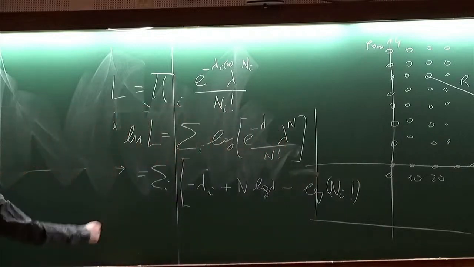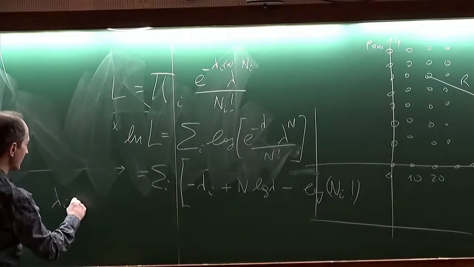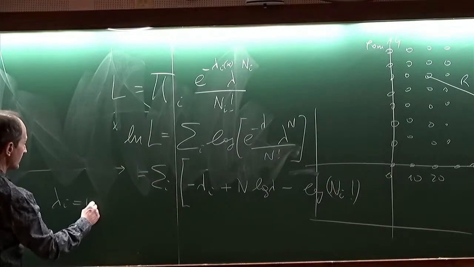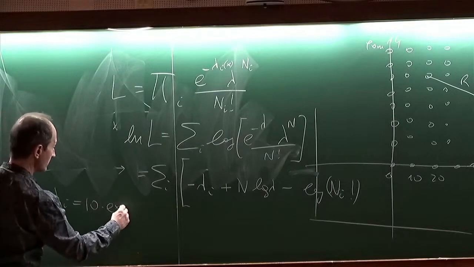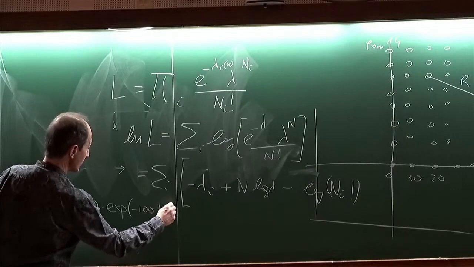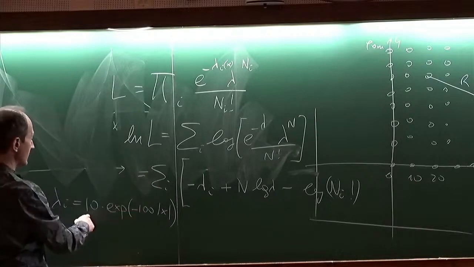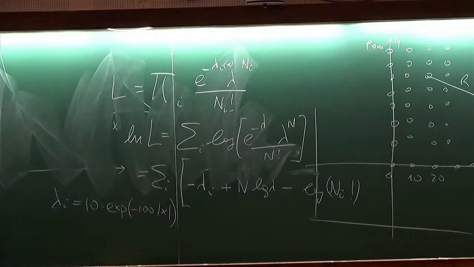Since this is a sum of terms, and we have defined lambda_i equals 10 times exp of minus 100 modulus of x, we have everything we need, because the likelihood is defined as a function of x. So we can actually take the derivative of the log likelihood with respect to x.